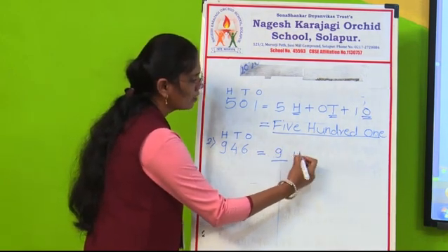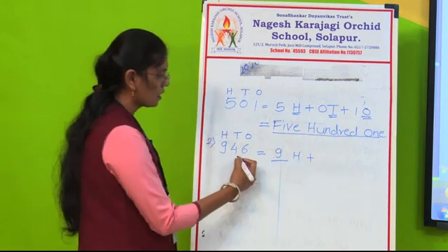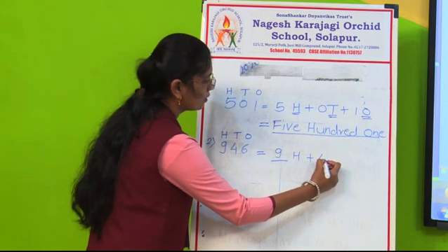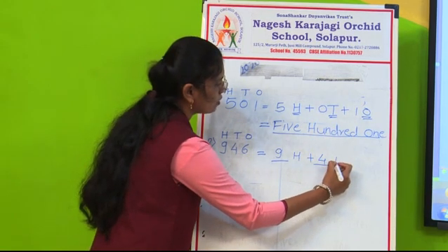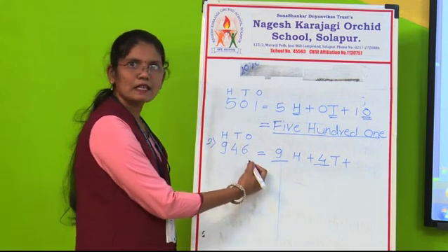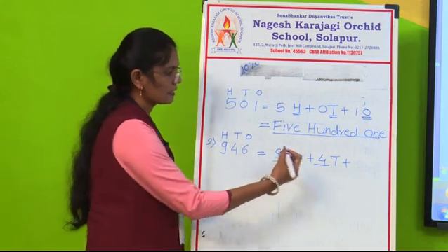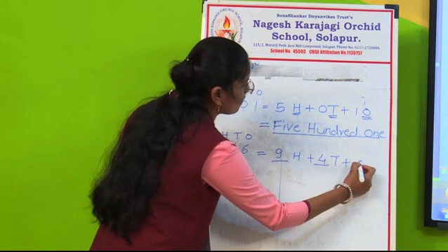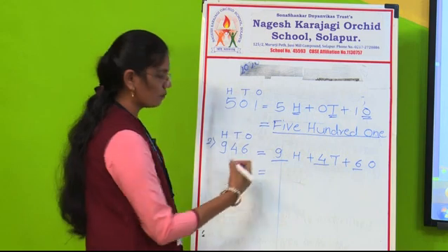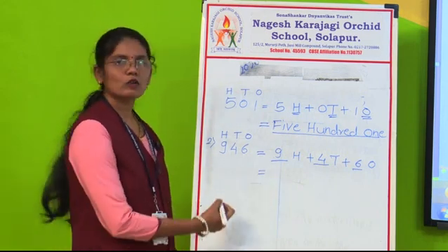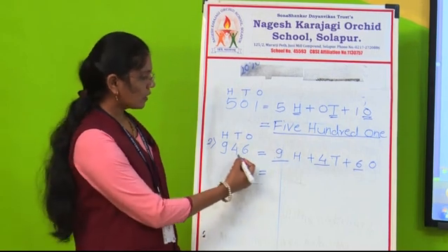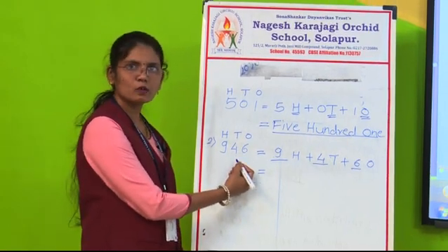So we will write 9 plus. How many tens are there? 4. Yes, very good. 4 tens are there. So I will write here 4. And see at ones place which number is there? 6. Okay, very good. So I will write here 6, meaning 6 ones are there. Now this is the time to write the number name of the given number. Can you read this number once again loudly?